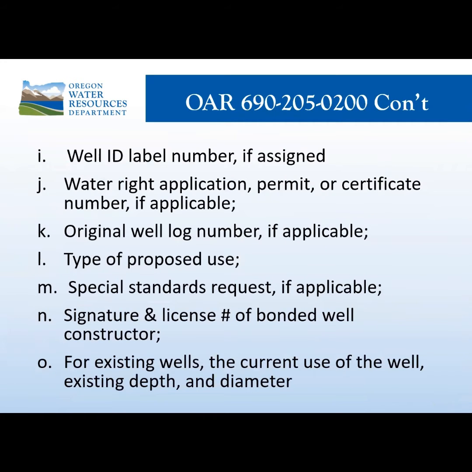The well ID label number, if assigned. Water right application, permit, or certificate number, if applicable. Original well log number, if applicable. Type of proposed use. Special standards request, if applicable. Signature and license number of bonded well constructor. For existing wells, the current use of the well, existing depth and diameter.